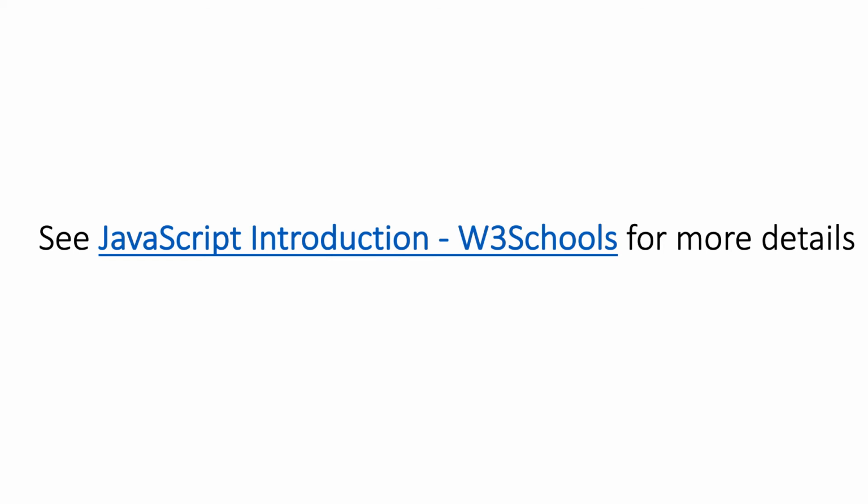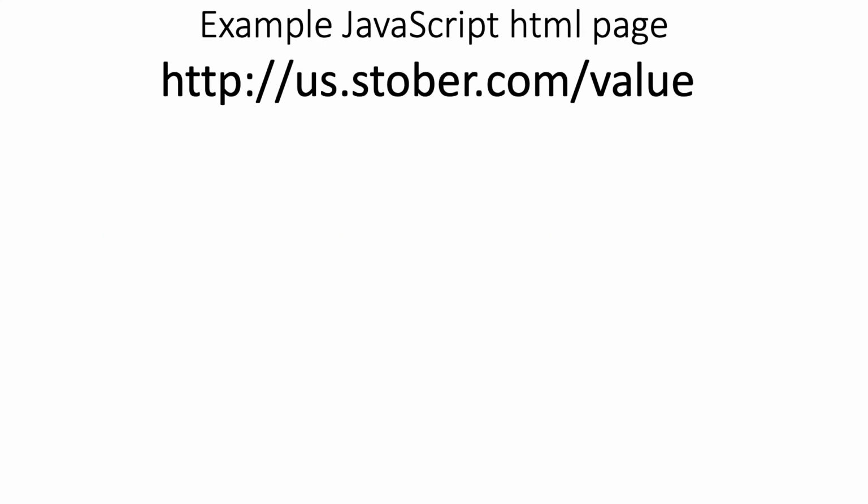Now, what is an example of a JavaScript HTML page? If you point your browser at http://us.stober.com/value, you will see a web page that is written purely in JavaScript. Now, a couple of things. Notice that I don't have an extension behind the value.